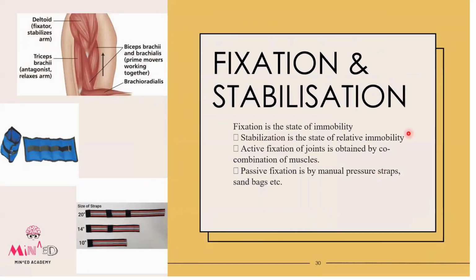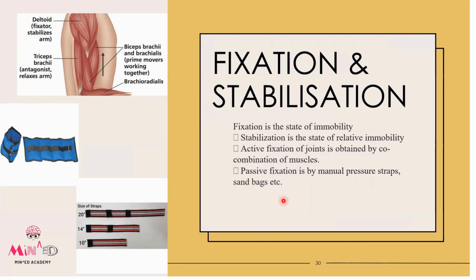So one more point along with this are fixation and stabilization. So what is fixation? Fixation is a state of immobility, and stabilization is the state of relative immobility. Active fixation of a joint is obtained by co-contraction of muscles, and passive fixation by manual pressure, straps.